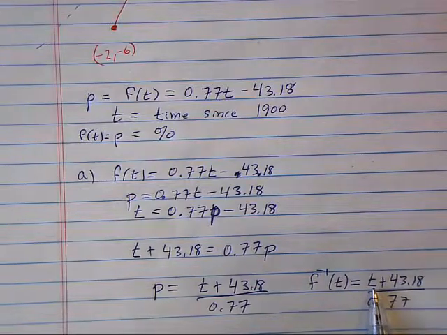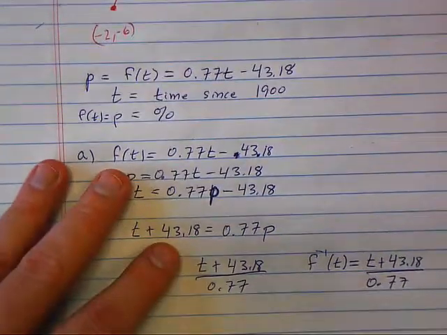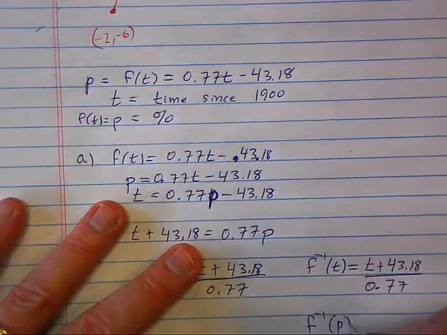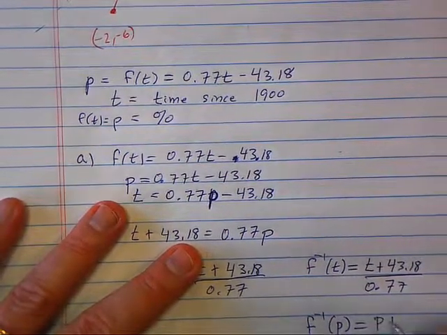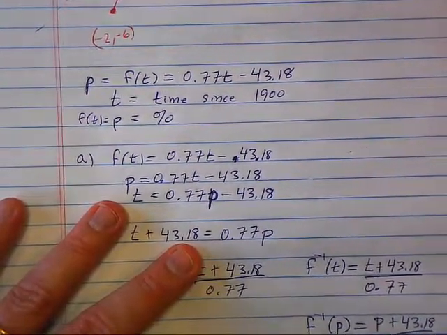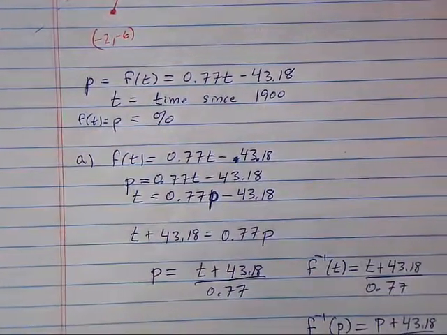So t, this is kind of weird, t no longer stands for time. t now stands for percent. Kind of strange, right? So I'd rather write f inverse of p equals p plus 43.18 over 0.77, because that would make more sense to me.